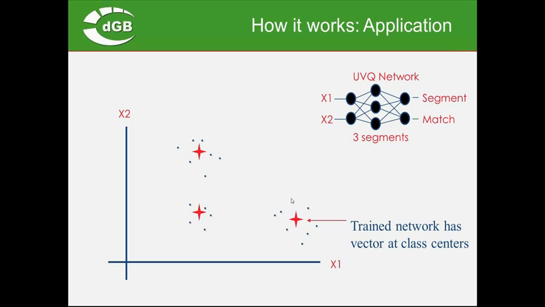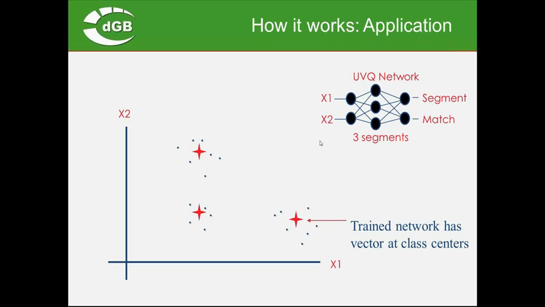And this is the first output grid, the class grid, and the second one is the match. The match is just the distance, how close or how far this data point is to its class center. The closer the distance is, the higher the match.